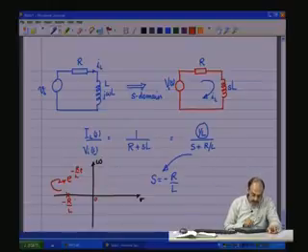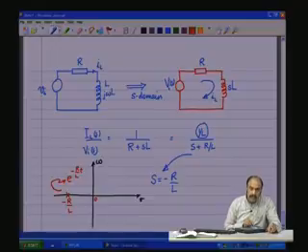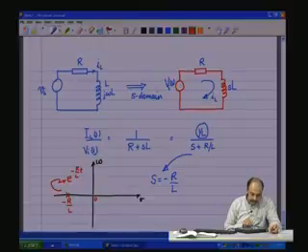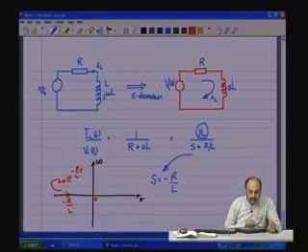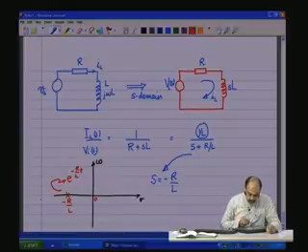In effect, L by R is becoming large, which means the time constant is expanding and it takes a much longer time to decay, till the point at 0, where either L is infinite or R is 0, where there is no decay. And as you start going away from 0, the L by R time constant starts decreasing and it starts decaying faster and faster. So, that is basically the meaning of that.